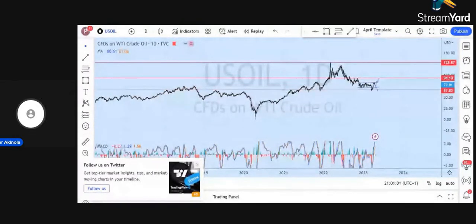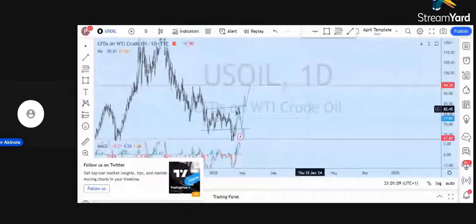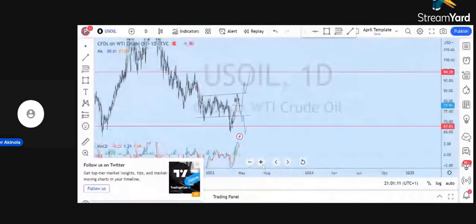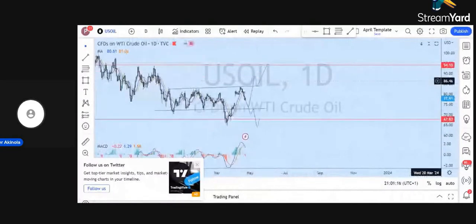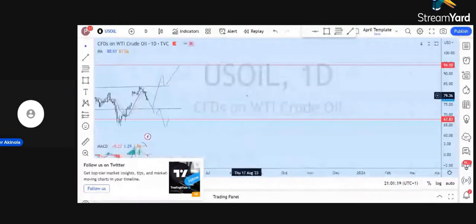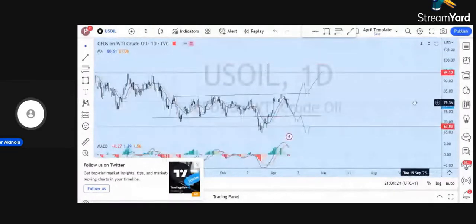So what I can see, or what I think might play out, is an inverted head and shoulder that is playing out. If I'm going to take a bet before price action shows up, this is what I'm going to place on it. So this is the head, this is the left shoulder.